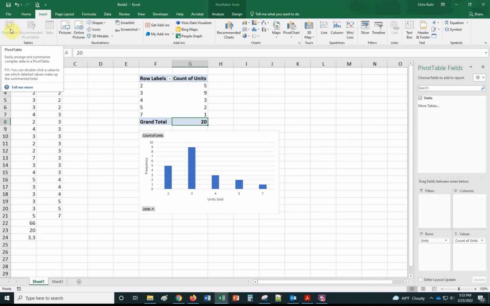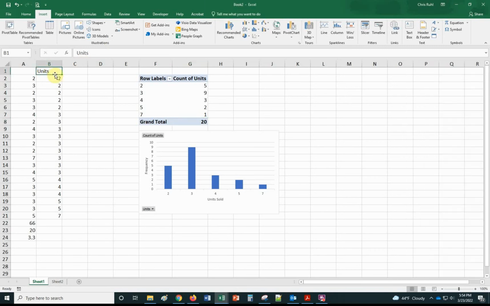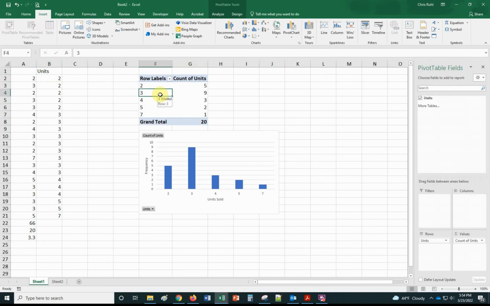It says easily arrange and summarize complex data in a pivot table. So what I did is I created a pivot table and I counted the number of units. These are units right here, and I counted the number of units.